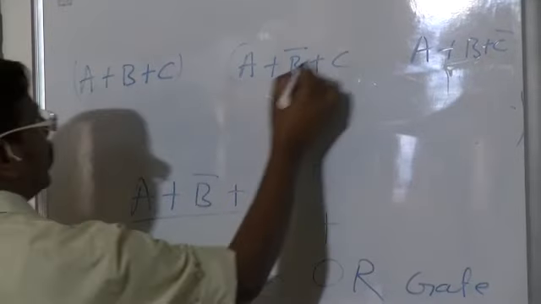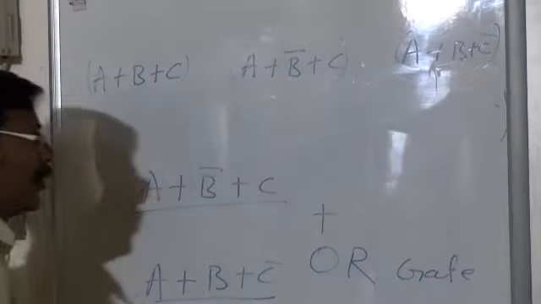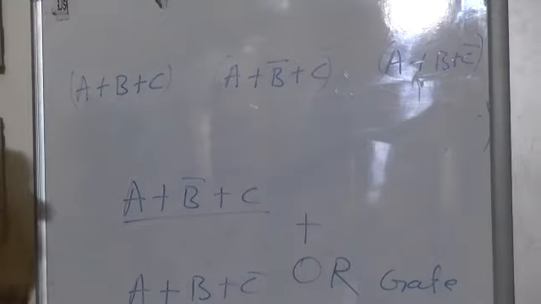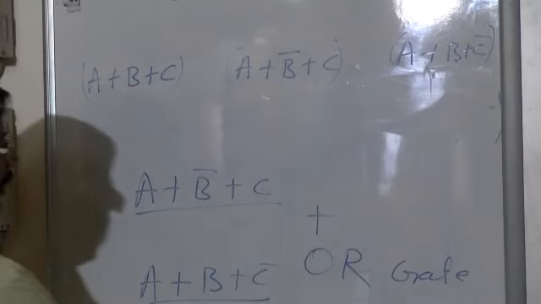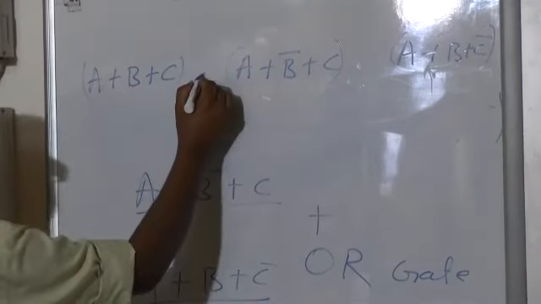This was the sum of the three different terms. Now we need to find the product of these terms. Product, as I said, is the dot sign, so you give a dot between them.